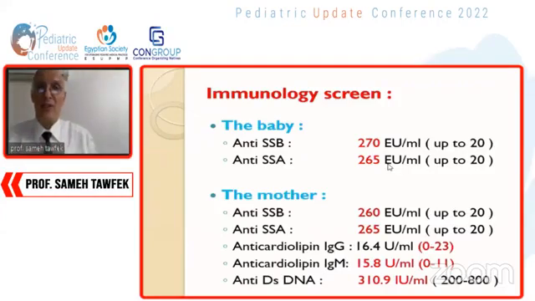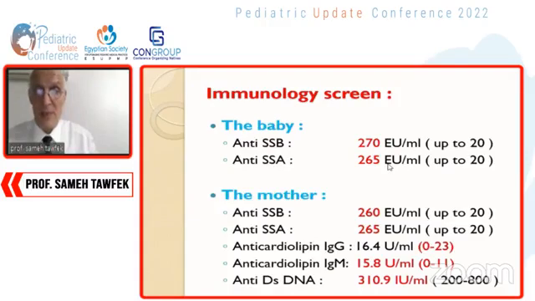We did immunology screening for the baby, and the anti-SSB was 270, and the normal value was up to 20. And anti-SSA was 265, and the normal value was maximum 20. This was done for the baby, and for the mother, it was 260 and 265.